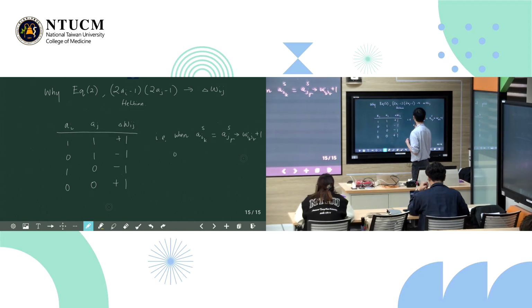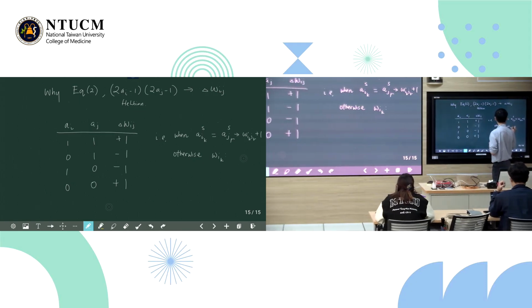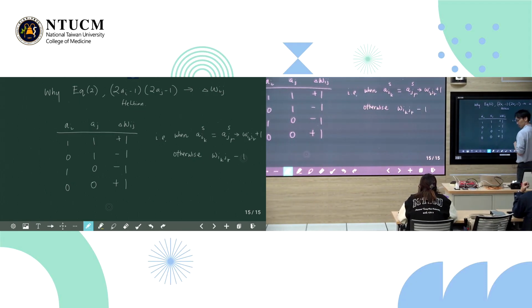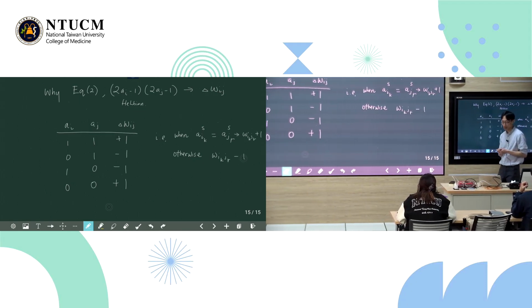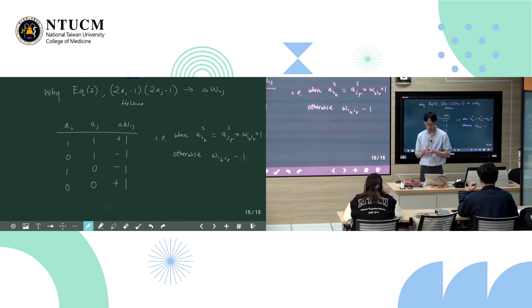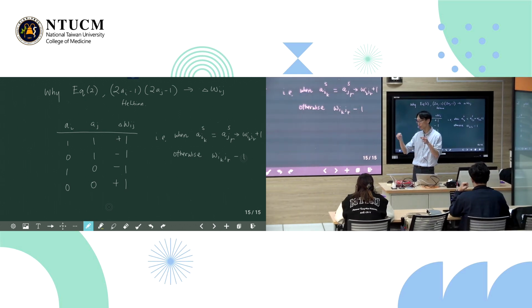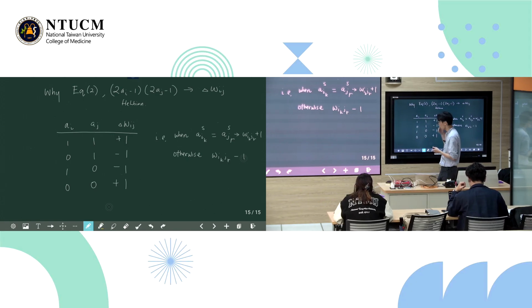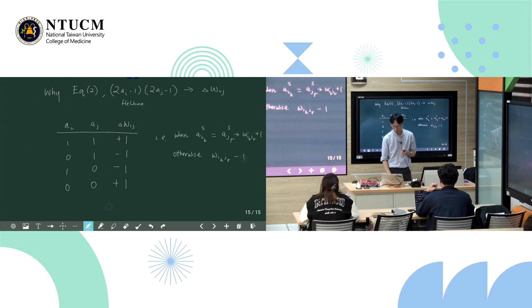Otherwise, make it -1. So when we implement this learning rule, you will see it's a very simple one-liner. If it is the same, +1. If it's not the same, -1. In fact, that's what this Hebbian rule is doing.